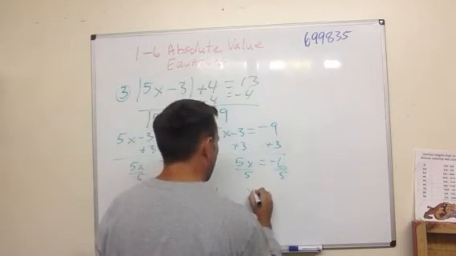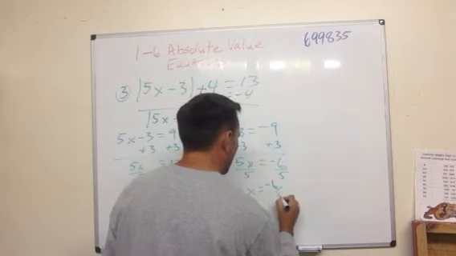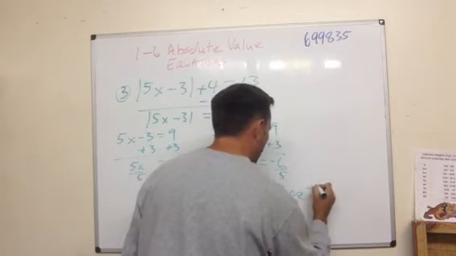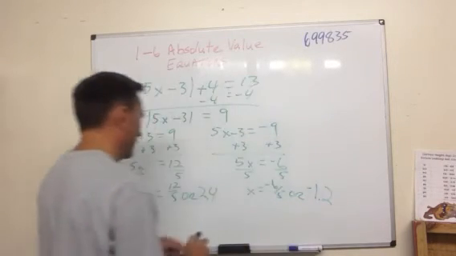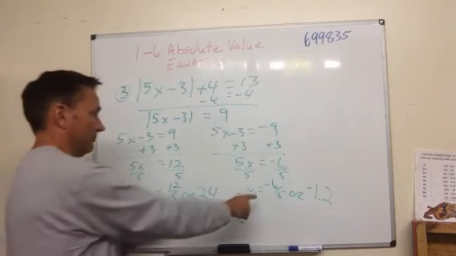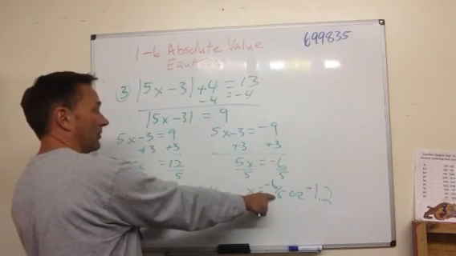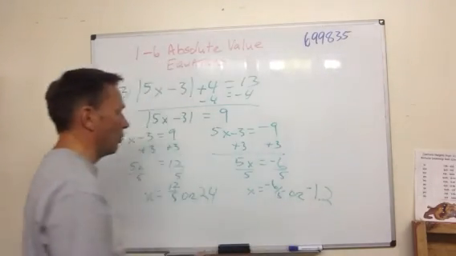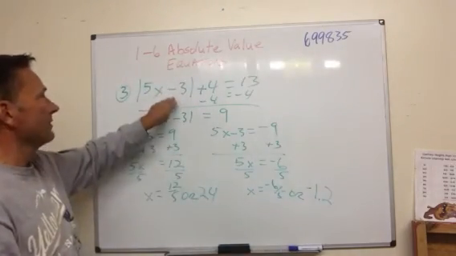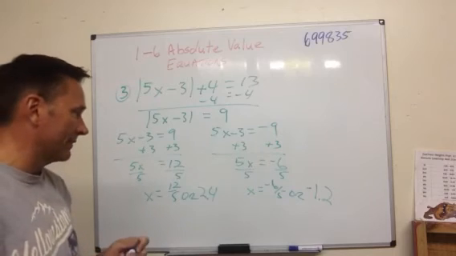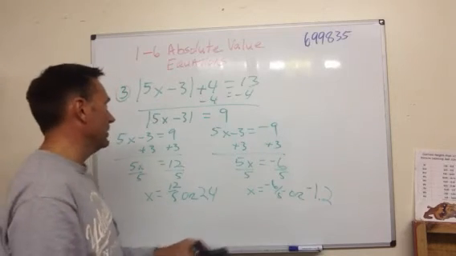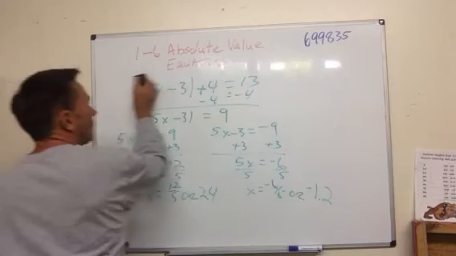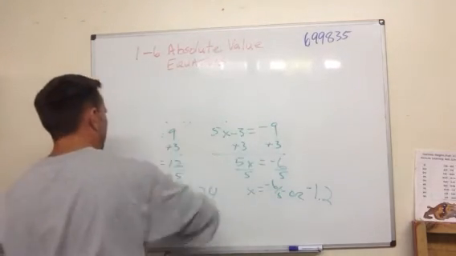Divide by 5, we get x equals negative 6 over 5, or negative 1.2. So the two fractions would be 12 fifths and negative 6 fifths. The decimals would be 2.4 and negative 1.2. Again, isolate the absolute value by itself first before you proceed. And we're going to cover one more problem here.